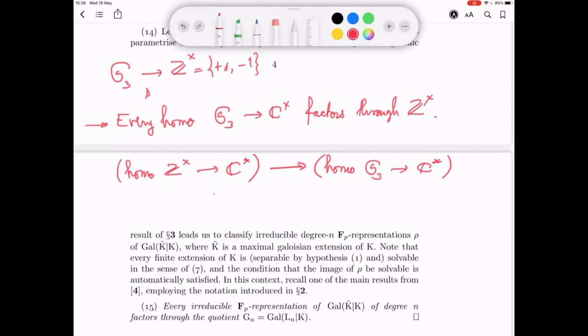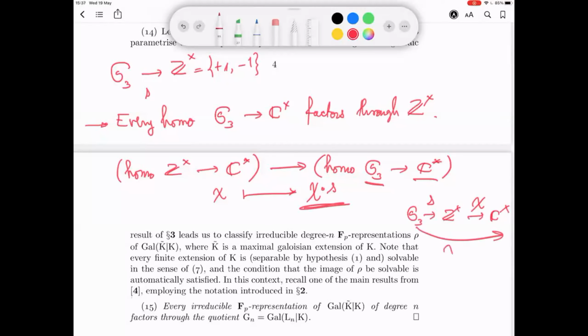If I'm given a homomorphism, let's call it chi, then I first apply this S, the sign map, and then I apply chi. Then I'll get a homomorphism from S3 to C star, because S is a map from S3 to Z star, and then I have this map chi, which is taking me to C star. So the composite chi S is a map from S3 to C star.